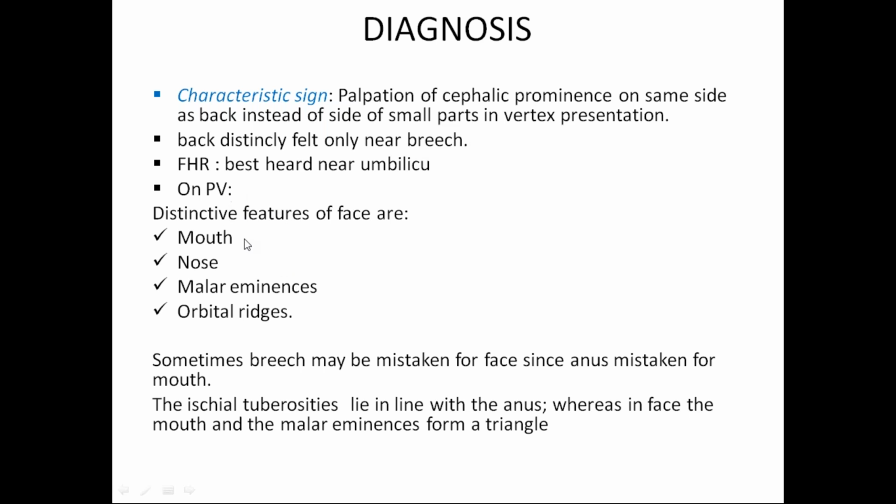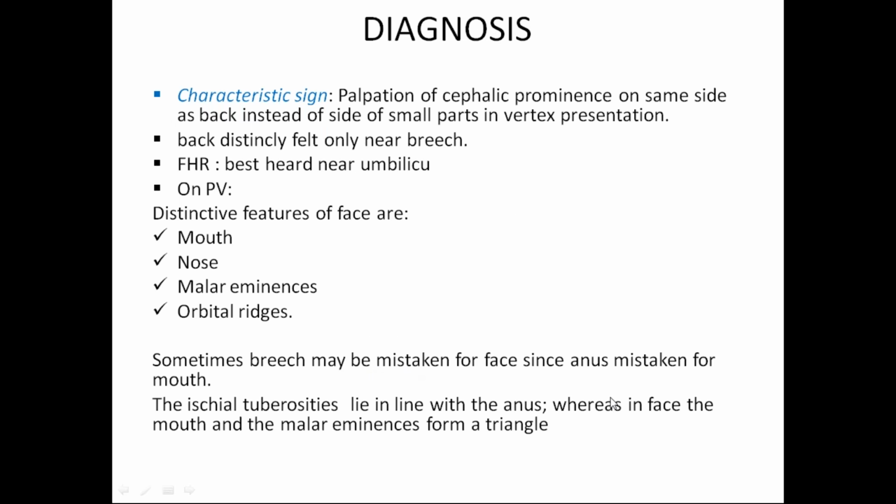On pelvic examination, if the patient is in labor, normally if the cervix is closed, it's difficult to make out. Only when the woman goes into labor and the cervix is dilated, when you do a pelvic examination, you will be able to make out the mouth, the nose, the malar eminences and orbital ridges. Sometimes these soft parts may be mistaken for breech. I have already told you.